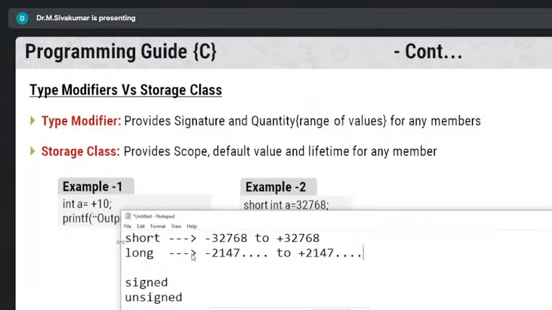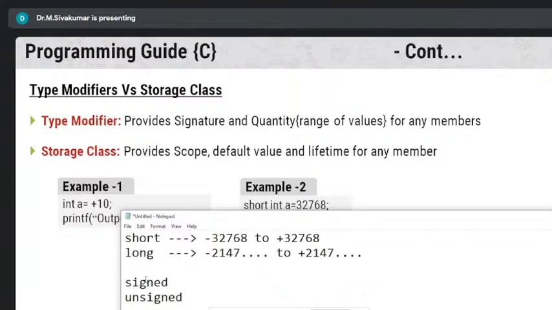So it is completely dealing with the range of value. If I need only a 5 digit number, I can stop with short. If I need a 10 digit number, I have to go with long.